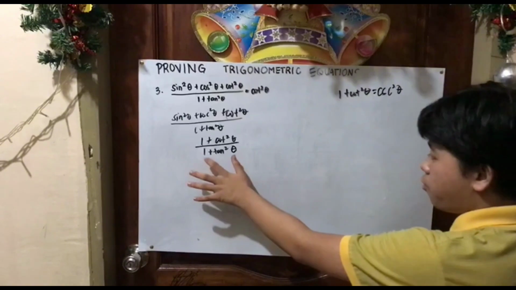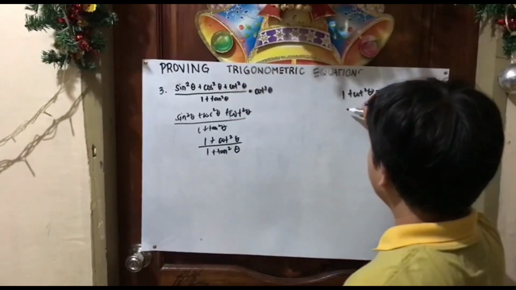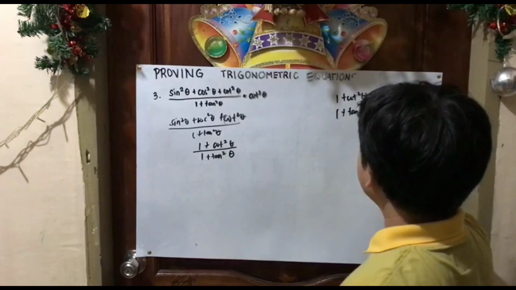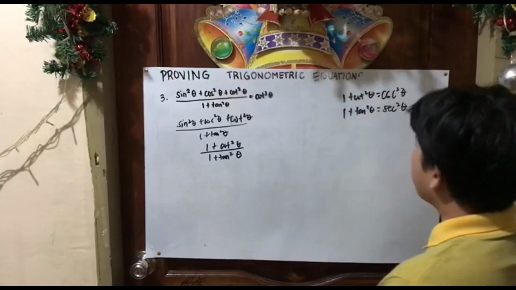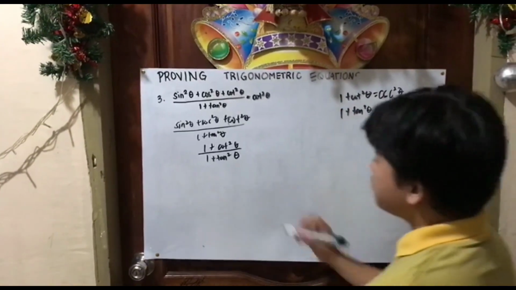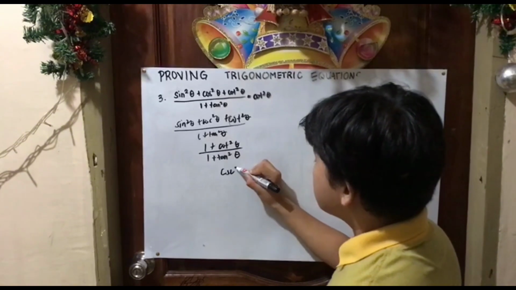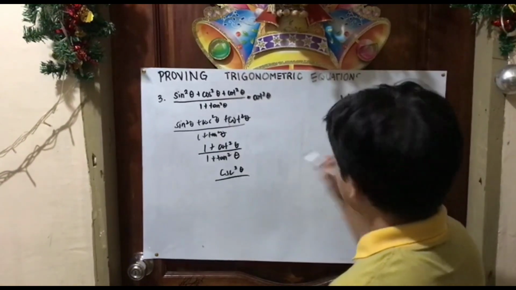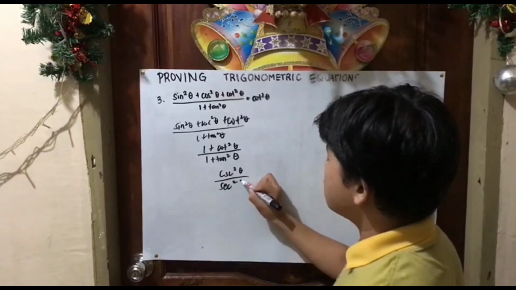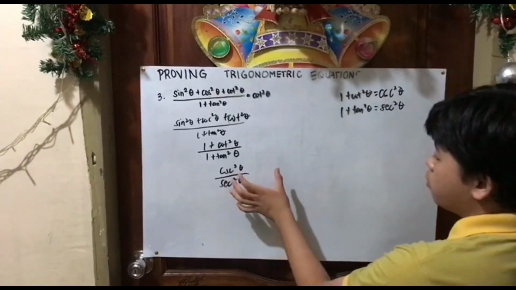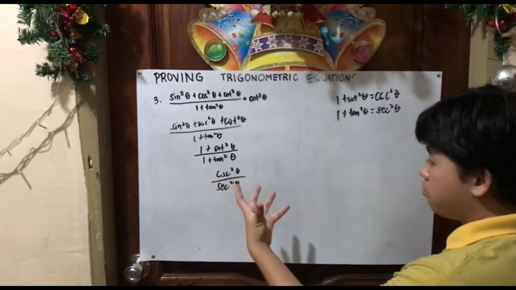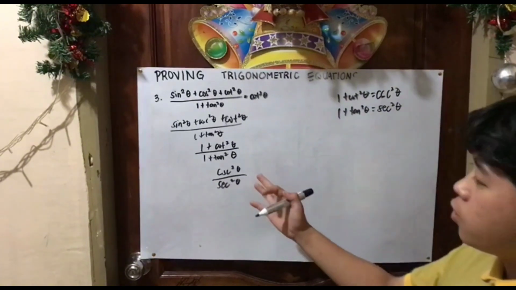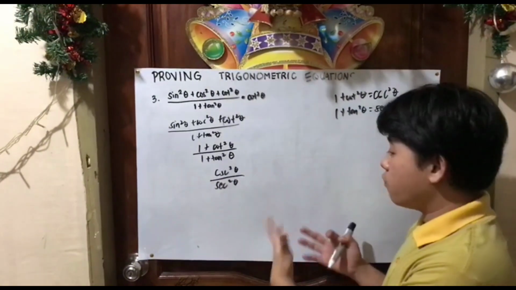And for here, 1 plus tan squared theta is equal to secant squared theta. So by converting them, cosecant squared theta over secant squared theta. As you can see, we cannot convert it right away, so all we need to do is convert them into sine and cosine format.